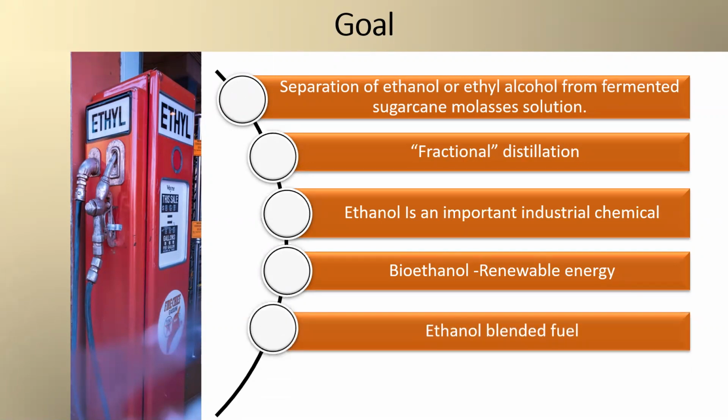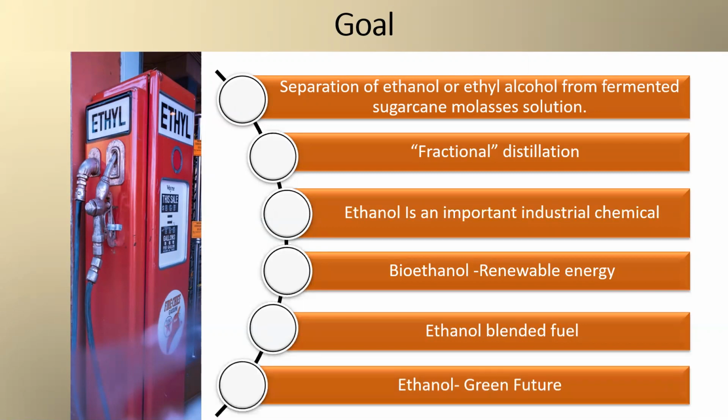Ethanol blended fuels have been widely used in countries like Brazil, USA, and Europe. So ethanol promises us a green future as many efforts are going on for the production of ethanol from cellulosic material or from waste material, which are going to play a bigger role in the future.